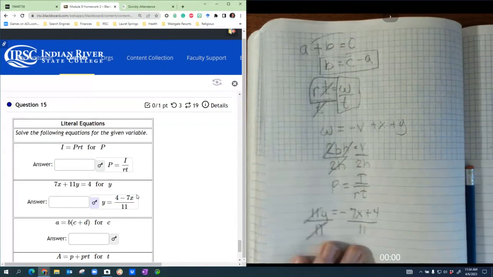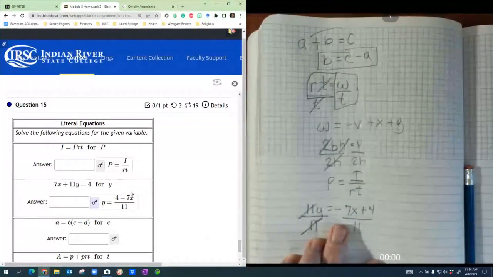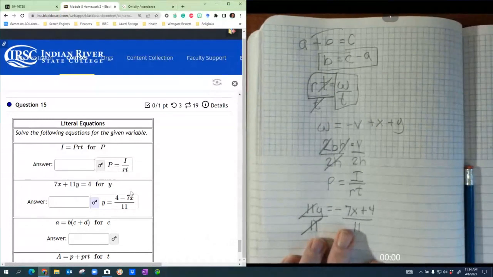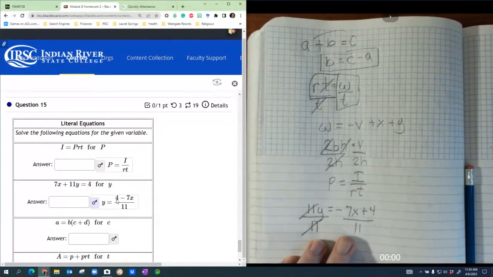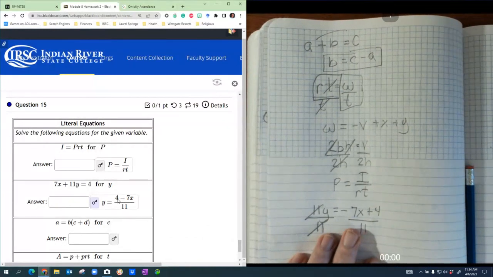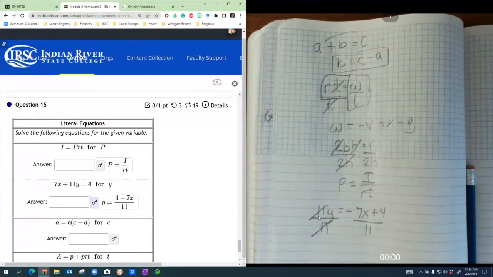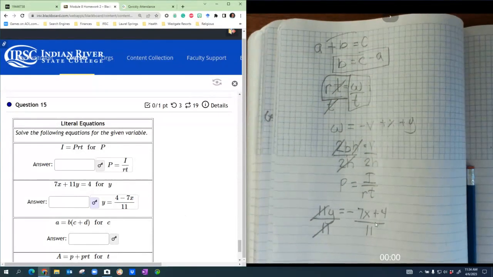Now notice how they put the 4 first, because it's awkward to put the negative first. I have a tendency to do exactly what they're doing too, because instead of having multiple signs, it makes it longer. I would just put the 4 minus the 7x. I agree with them with this answer, but this one would be acceptable too.